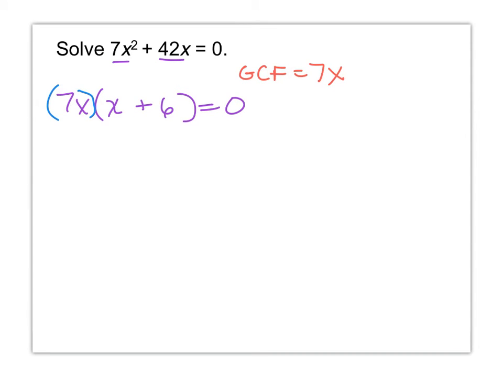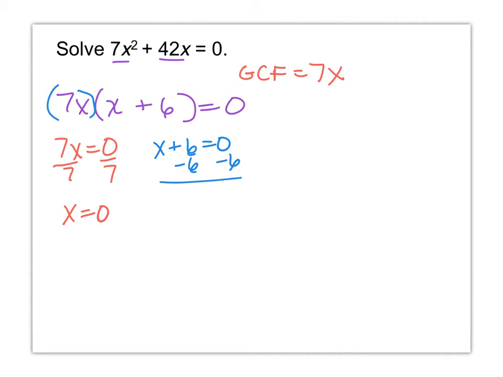We're going to set each factor equal to 0 and solve for x. When we set 7x equal to 0 and divide both sides by 7, we get x equals 0 is a solution to the equation. When we set the other factor x plus 6 equal to 0 and subtract 6 from both sides, we get x equals negative 6 is another solution.